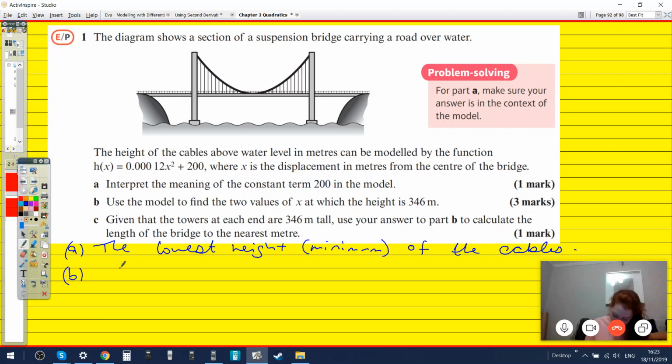That's right. So that's a minus 146. If we solve that.